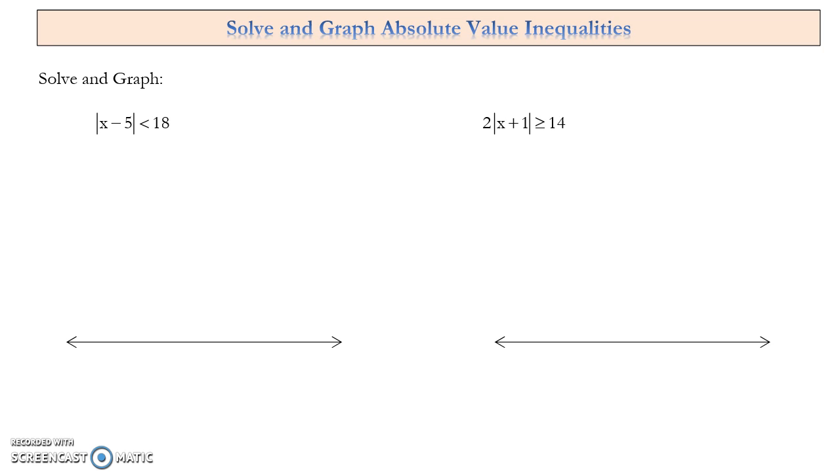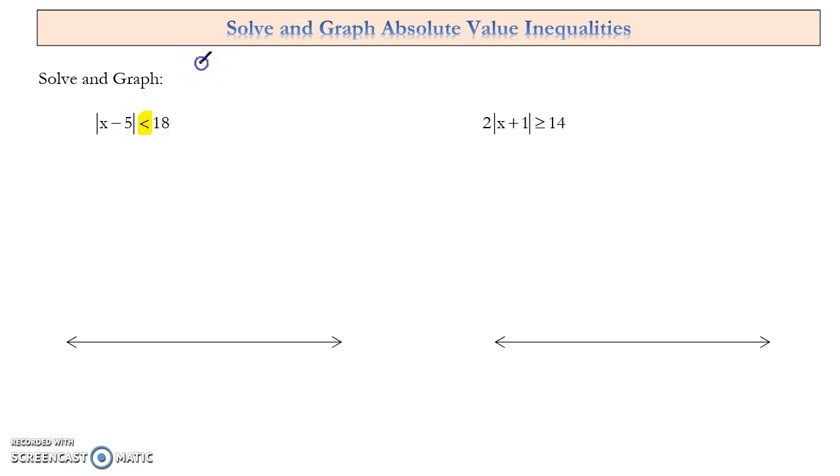First key piece of information is recognizing when we have an AND inequality and when we have an OR inequality. Because remember, these are always going to be compound inequalities. And it all has to do with the sign. In this case, we're dealing with a less than sign.